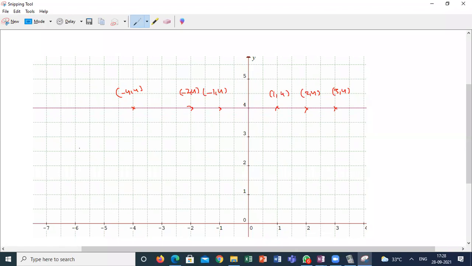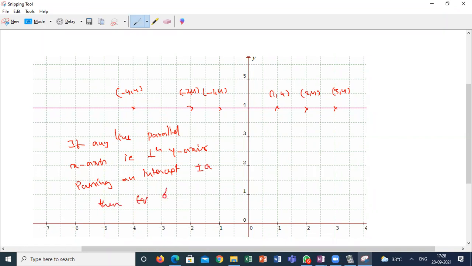If any line is parallel to x-axis, that is perpendicular to y-axis, by default it will be perpendicular to y-axis and passing through an intercept plus or minus a, then the equation of line is y is equal to plus or minus a, because its y coordinate is constant.